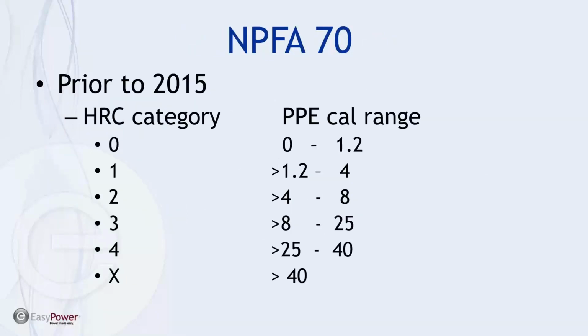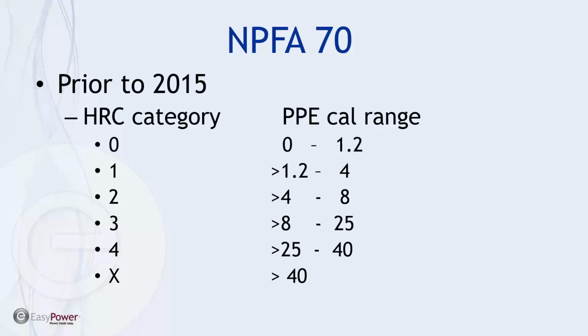Prior to the 2015 version of NFPA 70E, and I mislabeled this NFPA 70, which is the National Electrical Code, I'm actually talking about NFPA 70E, we were given several different what were referred to as HRC or hazard risk categories, and based upon the energy level that we calculate for a certain bus, that would tell us what HRC category to go to for PPE.